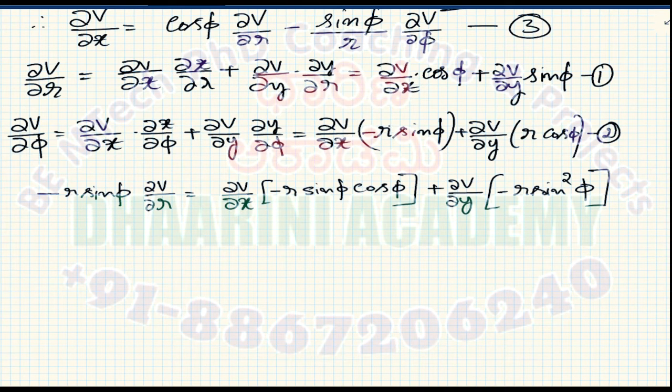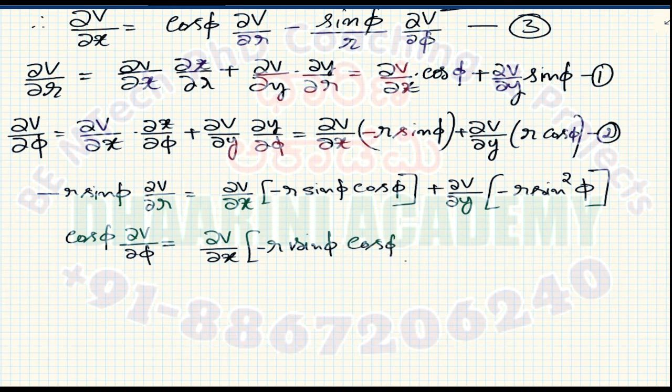The second equation I'm going to multiply with cos phi now. So that means cos phi ∂v/∂phi should be equal to ∂v/∂x, there is already minus r into sine phi, I multiply with cos phi.